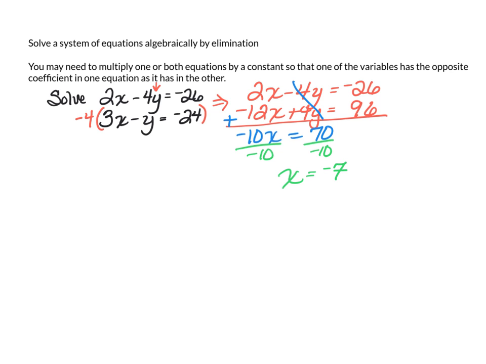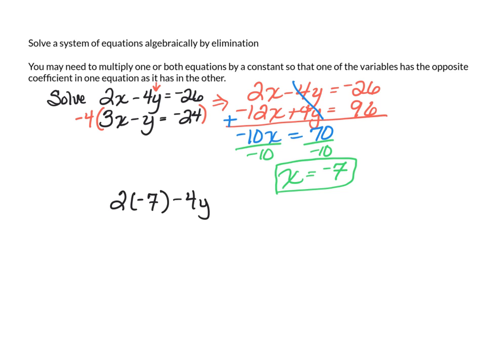Now I want to take this answer that I've found for x and plug it into one of the two original equations. I'm going to choose the first equation for no other reason than it was first. I plug in the negative 7 where x was.